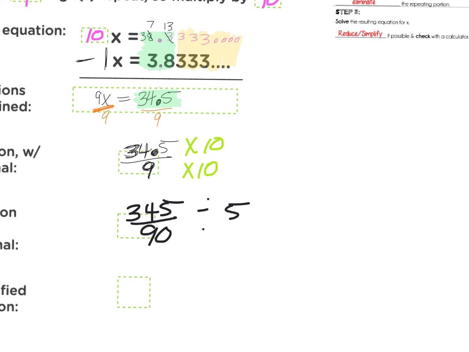You can divide it by 5 and then you can divide it by 3. Actually, or you can just divide it by 15 in the first place. So your simplified version will be, somebody help me out, remember what it was. What is it? Thank you, 23 over 6, yeah.